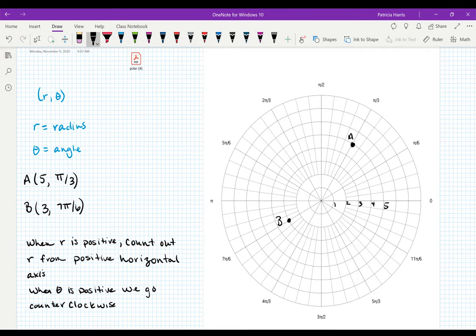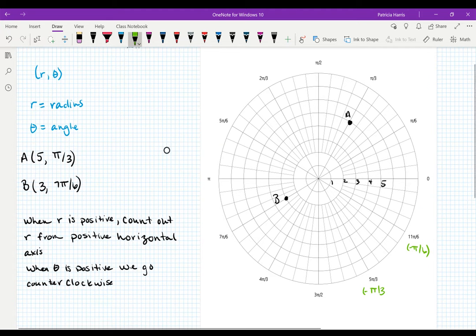Now, most polar graphs are pre-labeled with the counterclockwise direction. You'll notice that it goes 0, then if you go up, it goes pi over 6, pi over 3, all of that. So what you might want to do, especially if you have trouble with directions, is when you get your polar graph, mark it with the negatives. So that would be negative pi over 6, negative pi over 3.